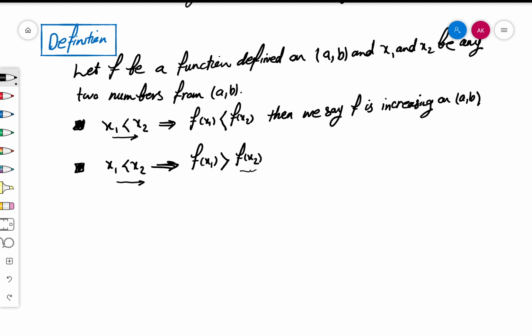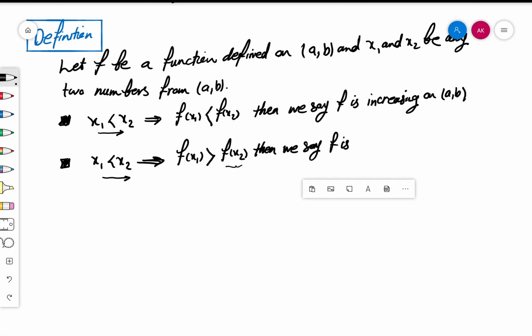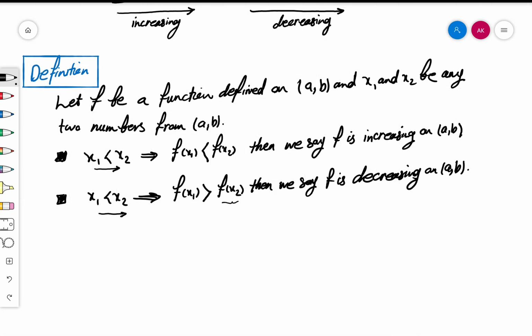This means going down because the value of the function at the second value of x is less than the first one. Then we say f is decreasing on (a, b). And that's the precise definition.